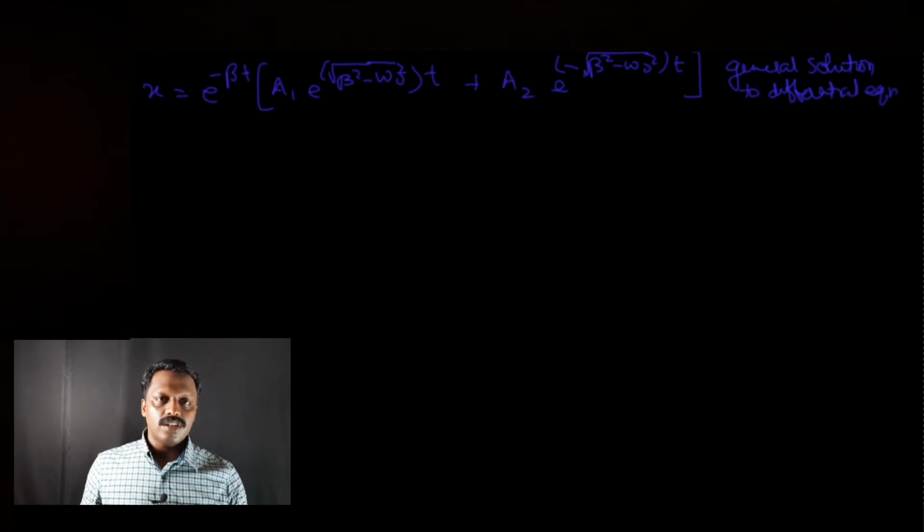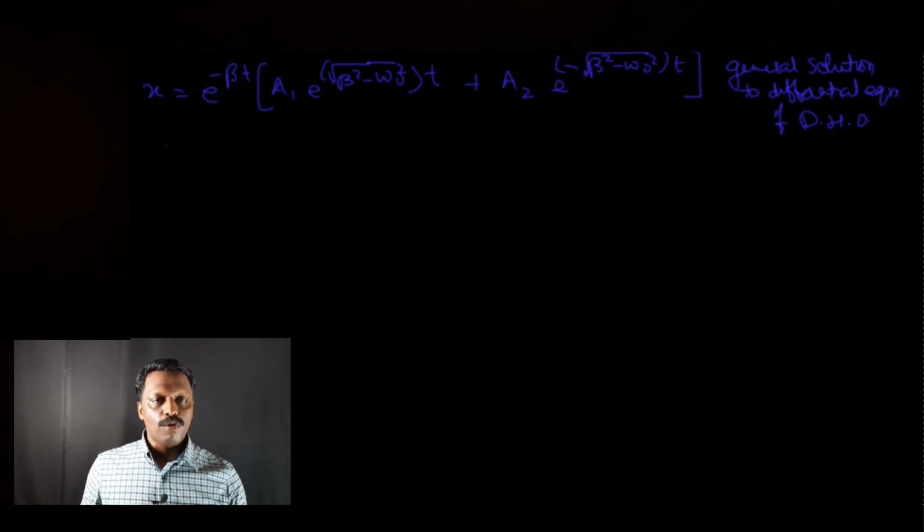Now, since the general solution contains beta and omega naught, and they can have different values, depending upon the relative values of beta and omega naught, we will have three different cases for the general solution.